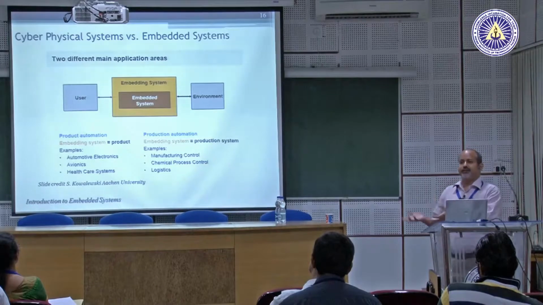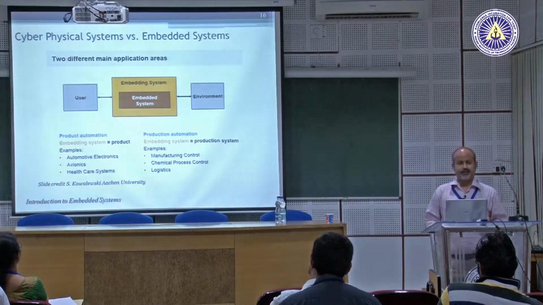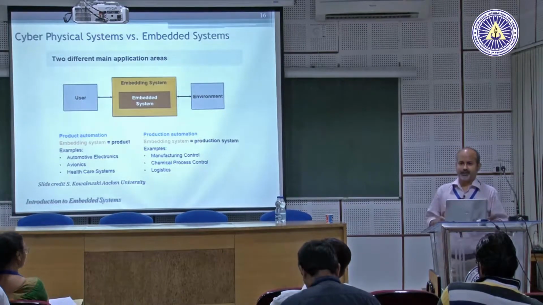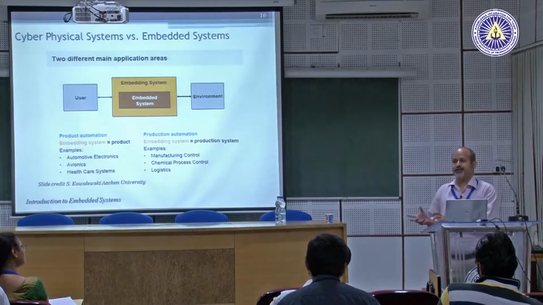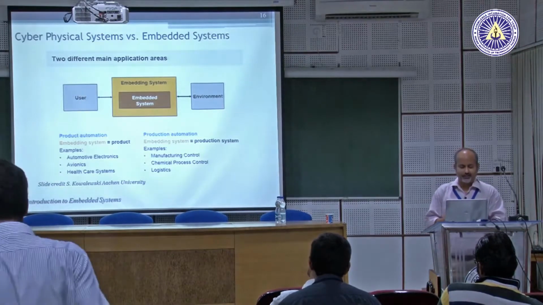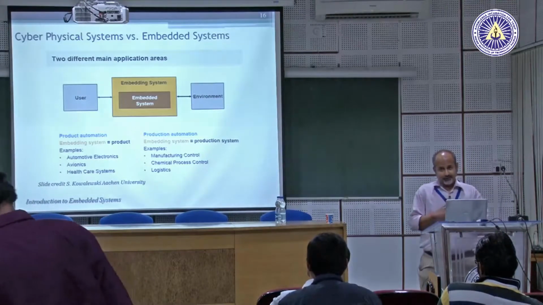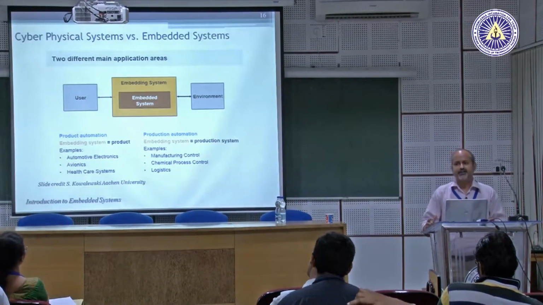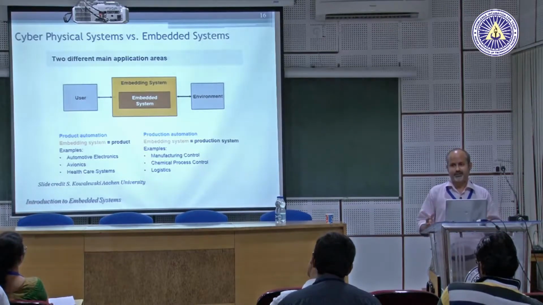But this is a physical system being controlled by a computational system, and this computational system is also distributed. There are local controllers in a power system, as well as control center specific controllers, and these controllers keep the system under control. Similarly, the power generation center is itself a cyber physical system.